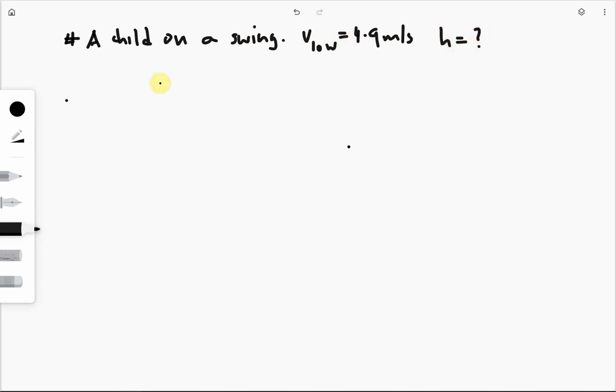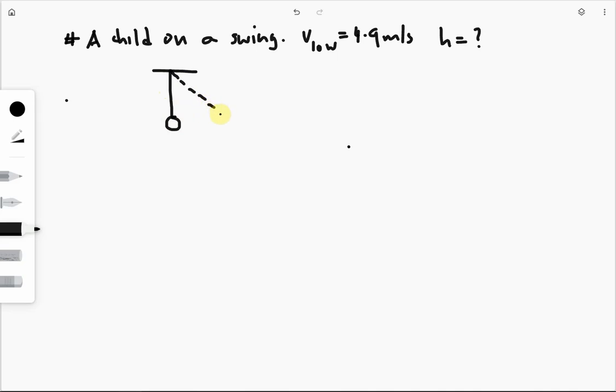So let's visualize this situation by drawing a simple diagram. We have the child swinging. Let's say this circle is the child. Children are not circular, but in physics we are ignorant. And let's say she is swinging.